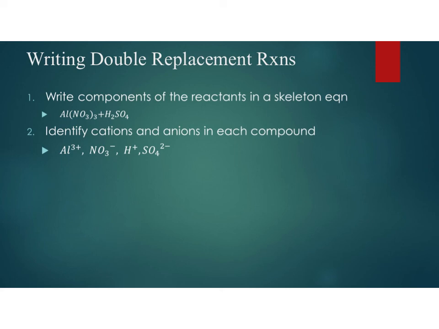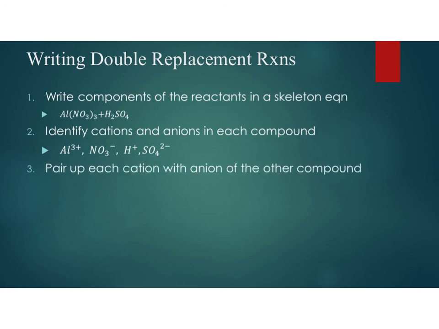So aluminum and nitrate have to form a group, or aluminum and sulfate, because I have to have that positive and negative. I can't have aluminum and hydrogen coming together because that gives me two positives. So I break down my compounds into individual ions.